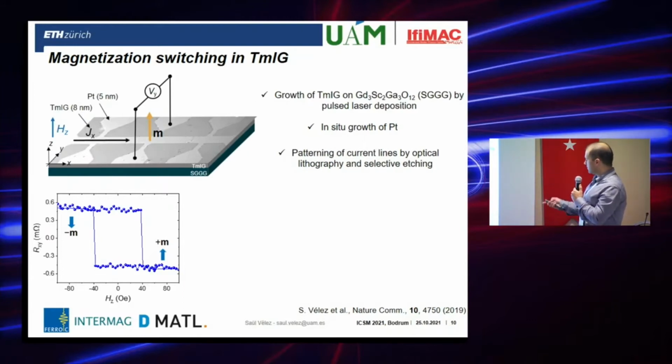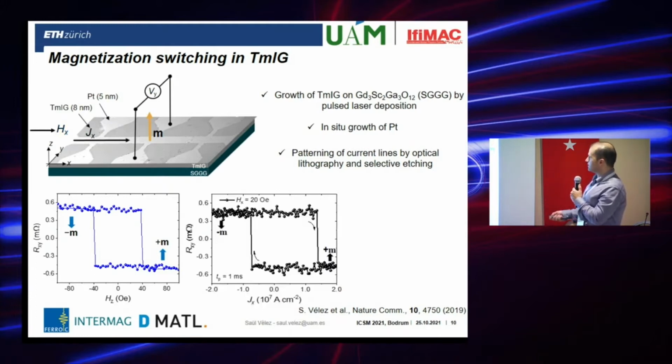So we confirmed that we have perpendicular magnetic anisotropy, and then the next thing we did was to test whether we can manipulate the magnetization of this layer by applying a charge current with large current density. And if we now apply a magnetic field in plane, and this is important because we need to break the symmetry of the system to stabilize one final state over the other. So when we apply a small magnetic field in plane, positive, parallel to the current as shown here, what's happening is that with negative current pulses we stabilize down magnetization, and eventually when we sweep up the current pulse, we can switch the magnetization from down to up.